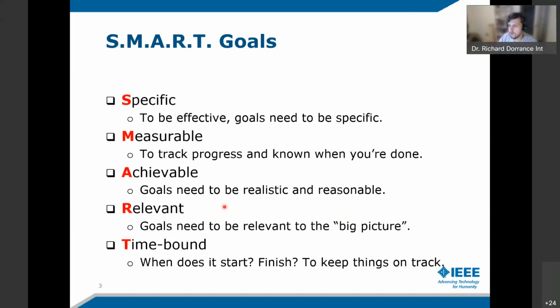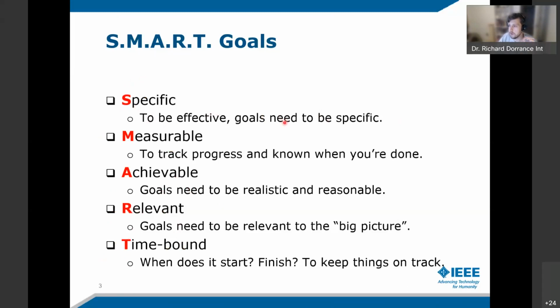A SMART goal, if you've never heard of the acronym before, stands for specific, measurable, achievable, relevant, and time bound. These are 5 things that a good goal really needs to have. And if you want to do good research, you need to have good goals.